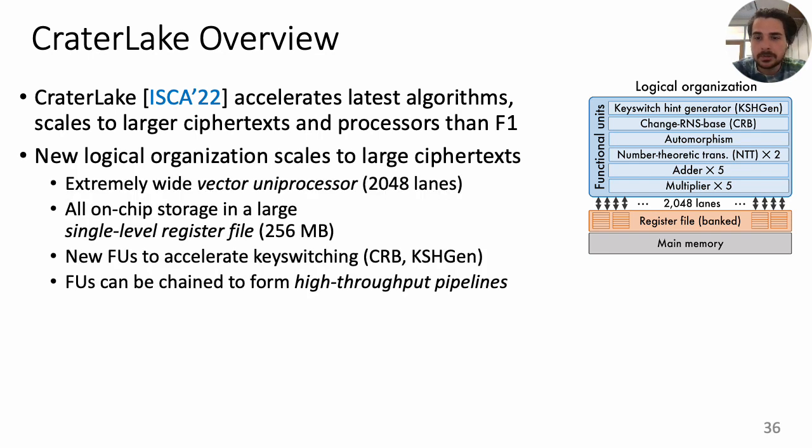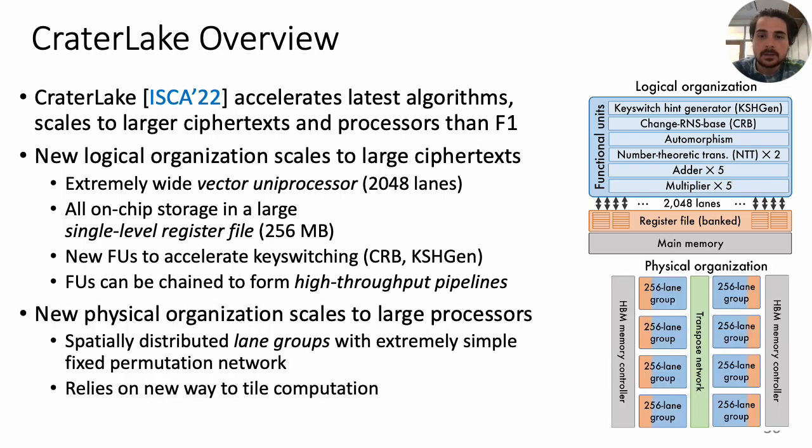It sports a new logical organization with an extremely wide 2048-lane vector uniprocessor. It has only a single level, very large, explicitly managed register file and new functional units that are tailored for key switching. This logical organization was made possible by a novel physical organization. The lanes of the processor are distributed across 8 lane groups and connected by a fixed function network.